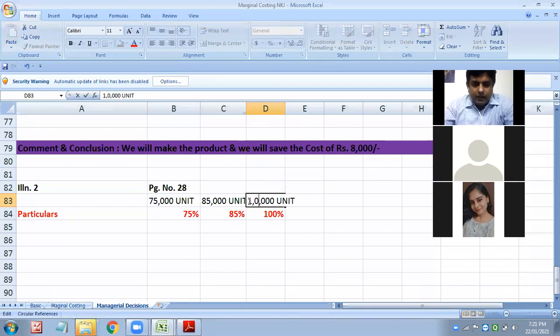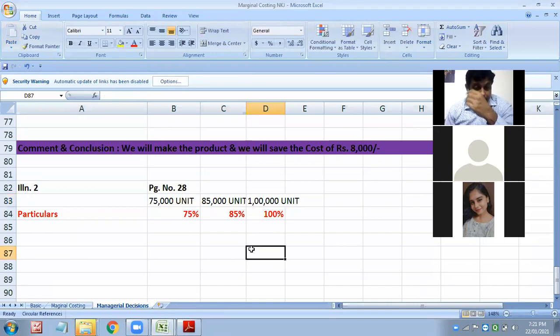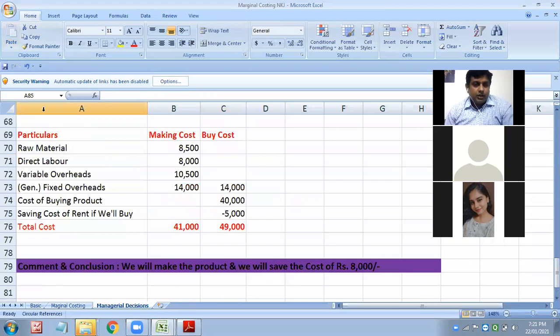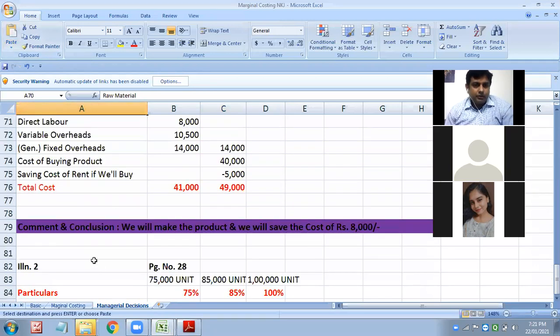This is 1 lakh units of production. Go one by one. Let us take the raw material or direct material.